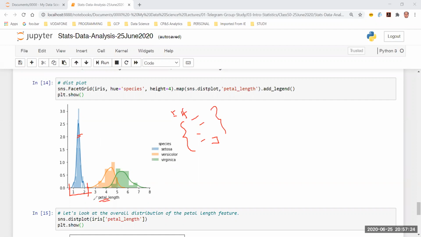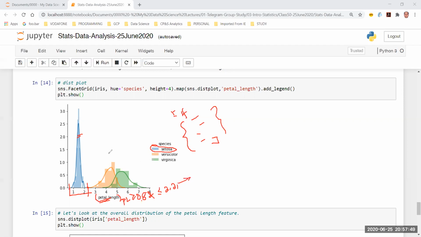If PL, let's say the short form of the petal length is PL, if PL is greater than or equal to, maybe approximately 0.8, and it is less than or equal to, let's say, approximately 2.2, then I have this output. So the species of the flower is going to be this, right?